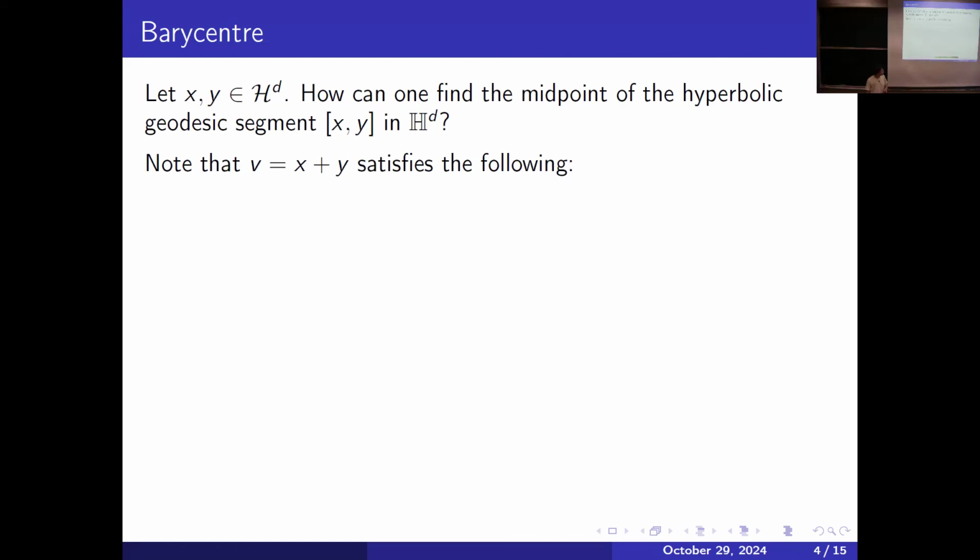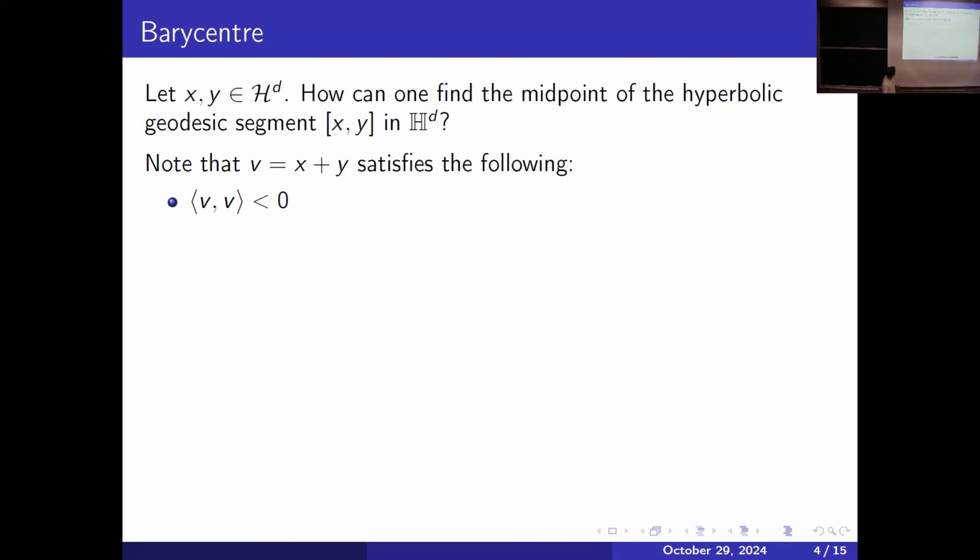And then we note that the sum of vectors v = x + y satisfies the following. First of all, the scalar product of v with itself is definitely negative.